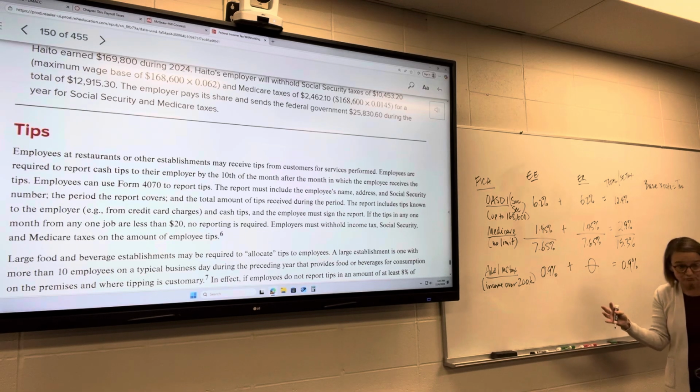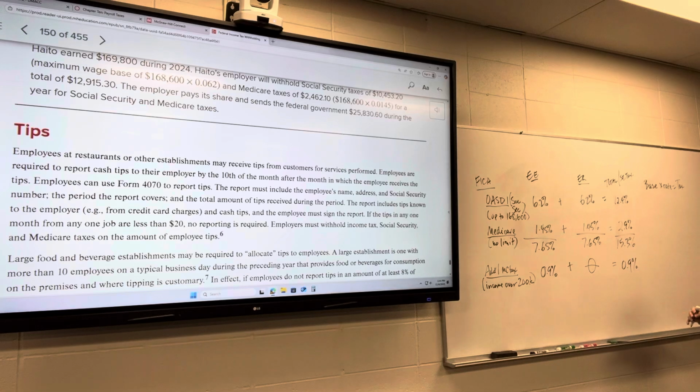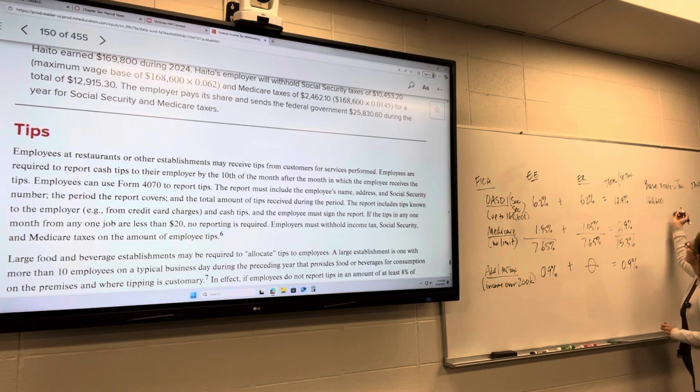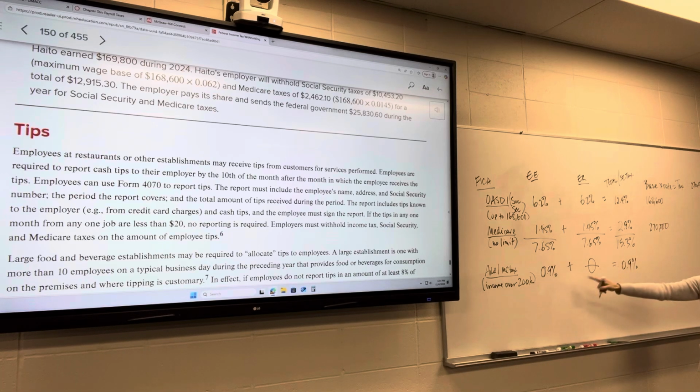They are different rates as well, but they could also be different bases. So if we have somebody, let's say they earned $270,000 as their wage, their base for Social Security would be $168,600. Their base for Medicare tax would be the whole $270,000. And their base for the additional Medicare tax would be $70,000 because it doesn't kick in until they get over $200,000. So that base would be different for each of these.